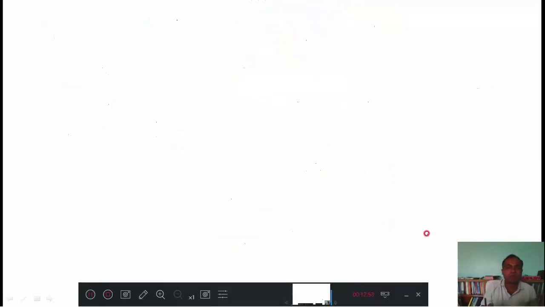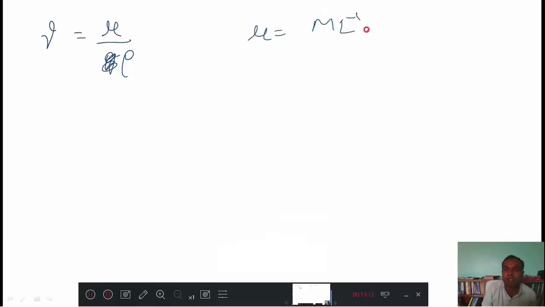Then if you know dynamic viscosity, you can find out the kinematic viscosity. Kinematic viscosity is what? Dynamic viscosity by rho, sorry, not G, this is rho, and mu we know that is dynamic viscosity, m L minus 1 T raised to minus 1, and rho, the unit of rho is what? Rho is kg per meter cube.